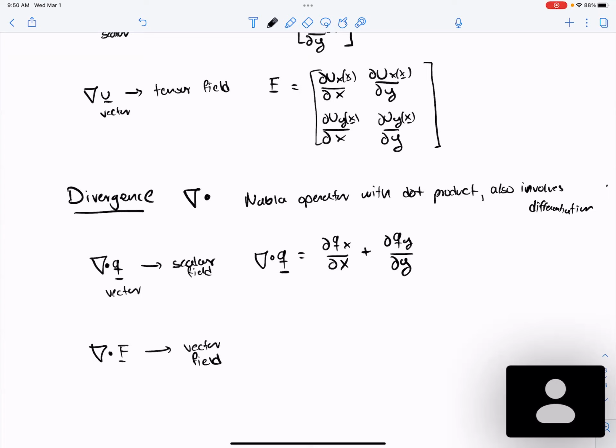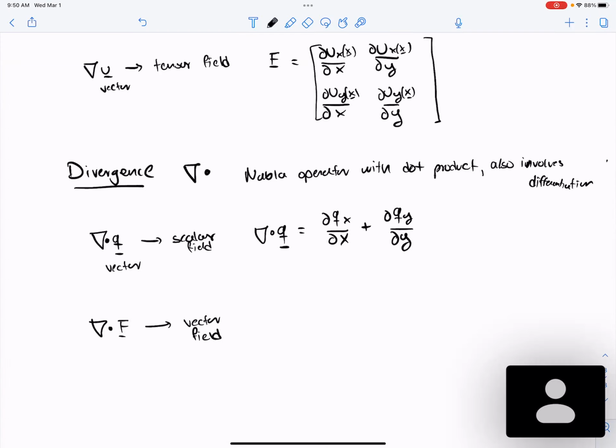The gradient operator has a partial x and a partial y, and you dot it with a vector. You multiply the x component of the gradient, which is partial with respect to x, with the x component of the vector, which is qx, and then you add the second part of the dot product, which is the partial y with the qy. So it is a dot product of the gradient operator with Q.